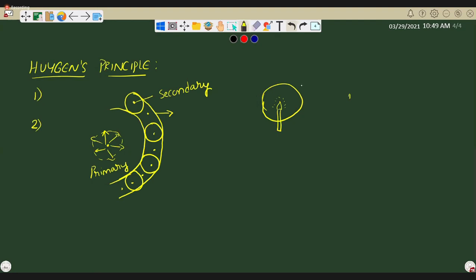Clear? Every point on the mother spherical wave will act as a secondary source. From here again your spherical wave forms. Now when you join tangentially all these points, you get the light has moved from this point to this point.